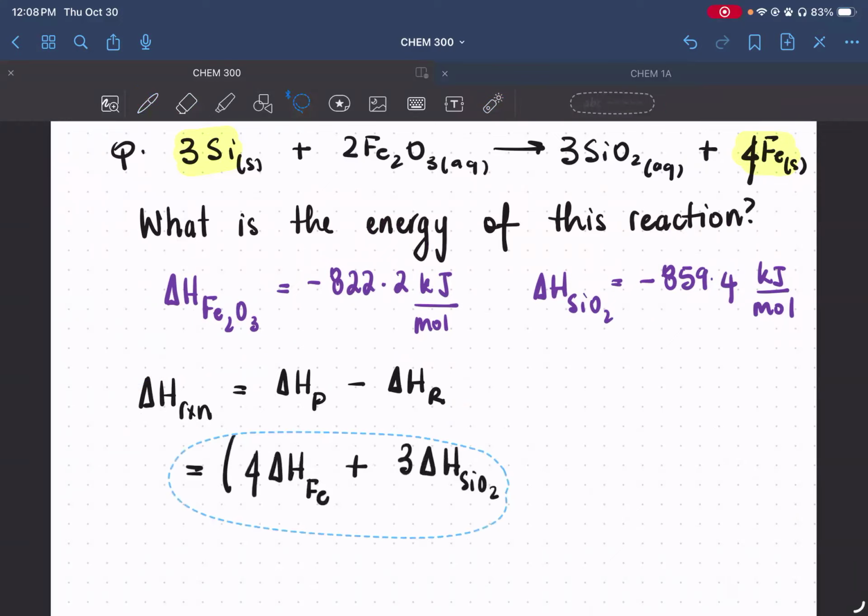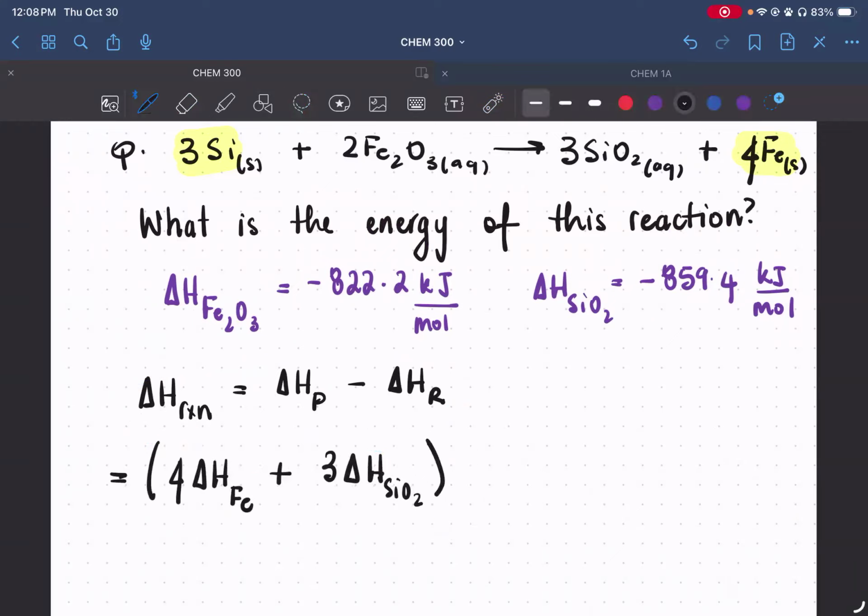Need to make some space for myself. Let me write it over. Minus, on the reactant side, we have 3 silicons and 2 iron oxides.